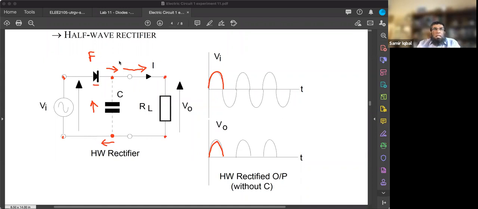All right, so far so good. Now, let me use another color, a blue color. In this part, this diode is reverse biased, which means there is no current flowing on this side, right? So I'm going to make it blue and say no current flowing on this side.